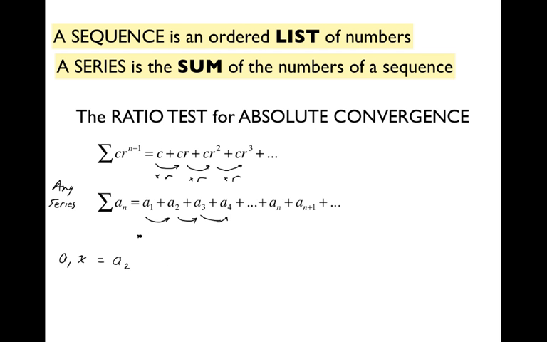So times A2 over A1. And then what do you multiply A2 by to get A3? A3 over A2, etc. What do you multiply AN by to get the next term? AN plus 1 over AN. So that's generic then. For any series, what you multiply the current term by to get the next term would be AN plus 1 over AN, right?